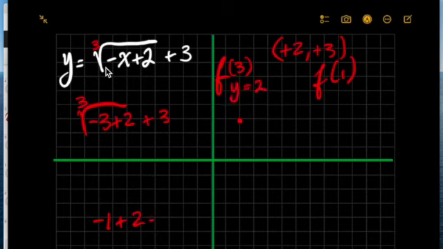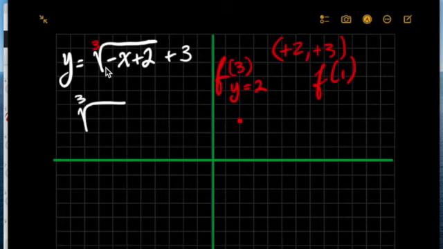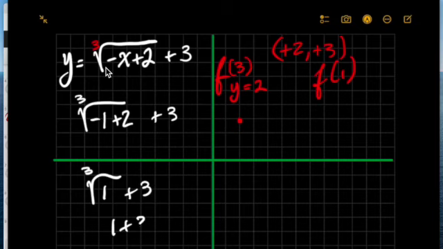And when we do f of 1, we're going to have the cube root of negative 1 plus 2, plus 3. This is going to be the cube root of 1 plus 3. 1 plus 3 equals 4.